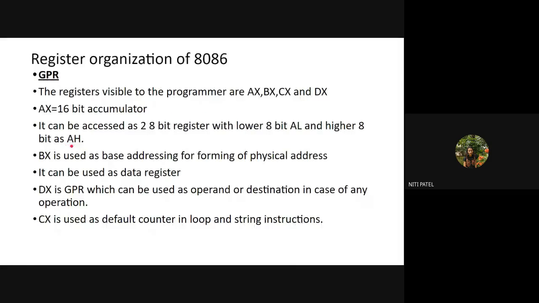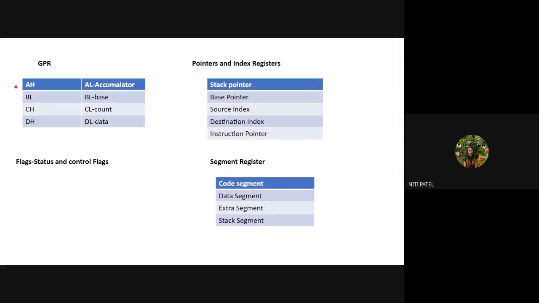So in short, your AX is equal to AH plus AL, where AL is nothing but the lower 8 bits and H stands for higher 8 bits. So lower 8 bits plus higher 8 bits is equal to AX, which is of 16 bits. Is this understood to you? Yes, ma'am. Everybody? Yes, ma'am.